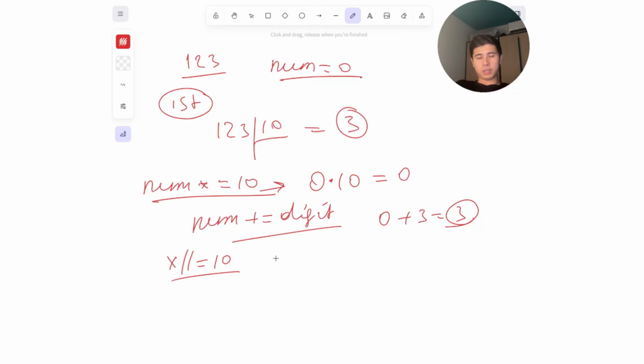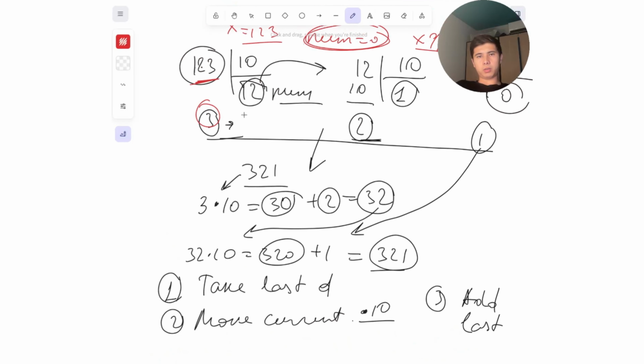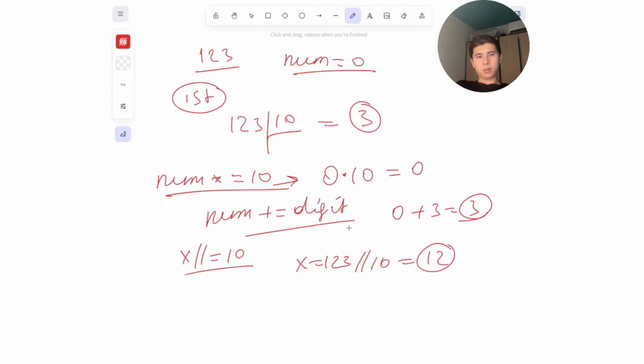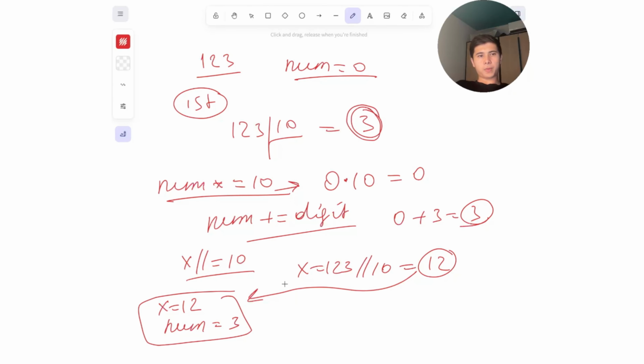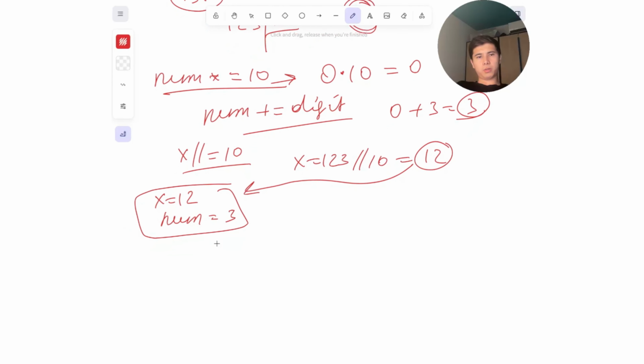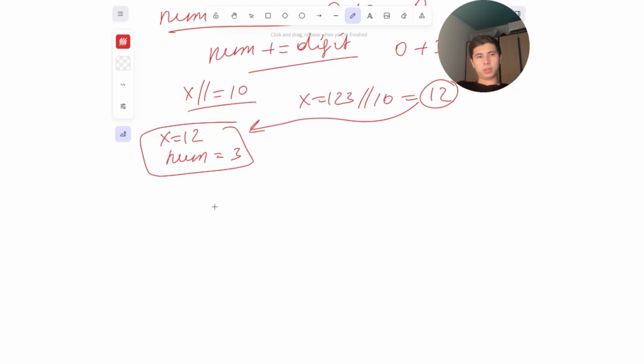As we know, it removes the last digit: when x equals 123 divided by 10, it takes the 12, as we saw in the mathematical result here. This is also the same process. After the first iteration, x equals 12, which is this result, and our number becomes 3 from here. Let's keep going from this and finish the total iterations.